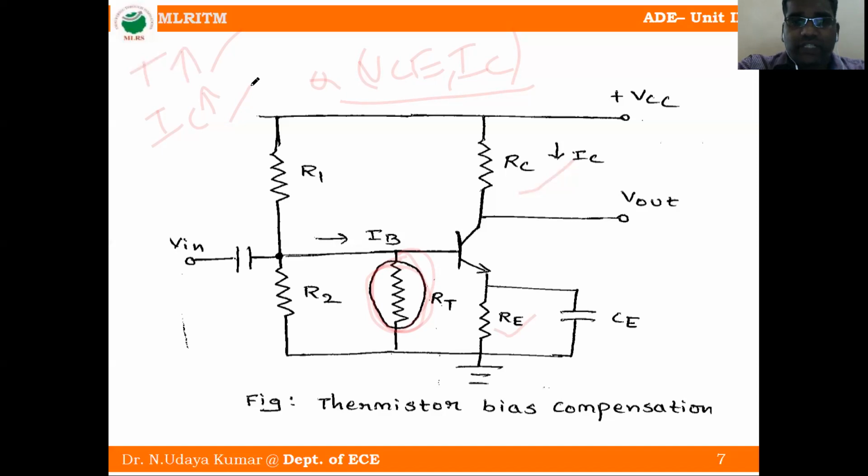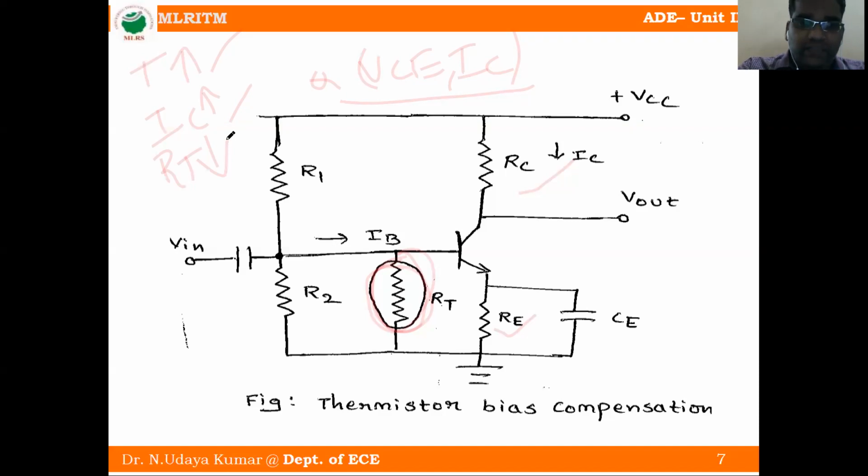So if temperature increases, what happens? Thermistor resistance RT decreases because it has a negative temperature coefficient. If RT decreases, VBE decreases.